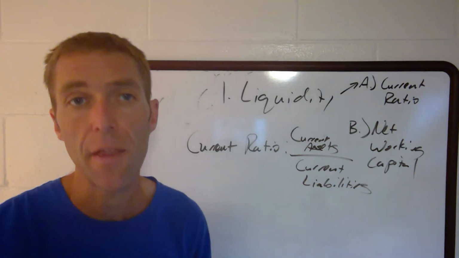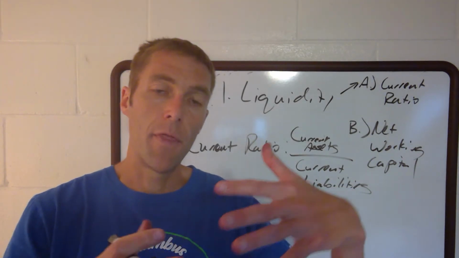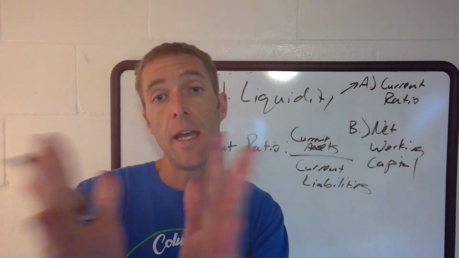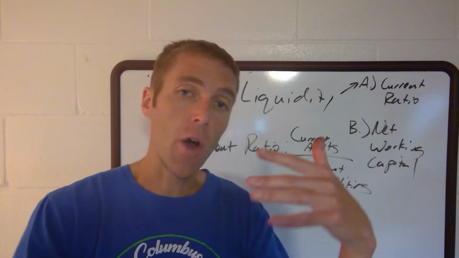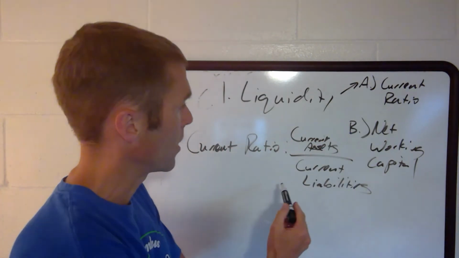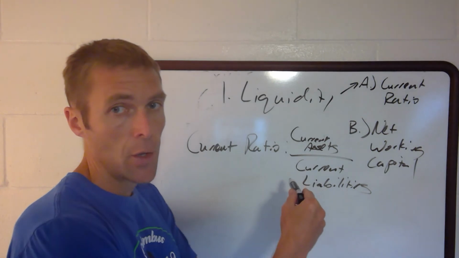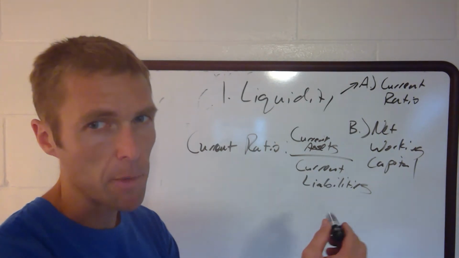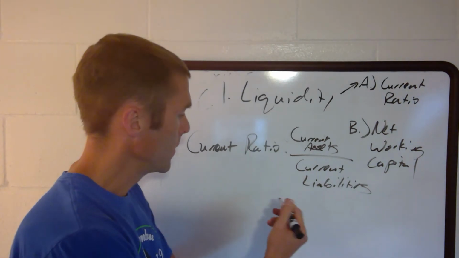Now, I like to think about these ratios from their range and extremes, whether they're bounded or unbounded, and then in the middle where they go from being good to bad. So my current ratio, we think about a fraction. What's the lowest this can be? Well, these are both positive numbers, so it can't be negative.